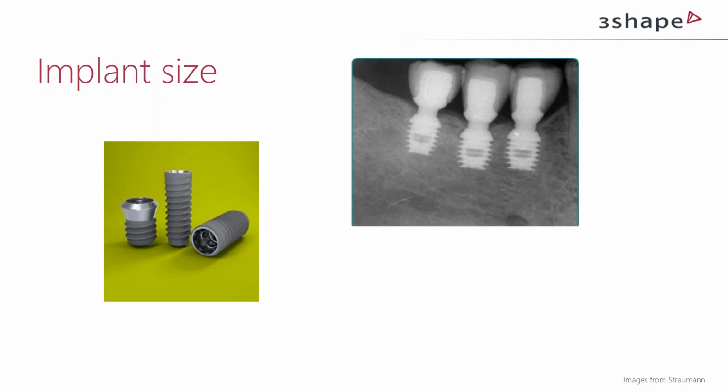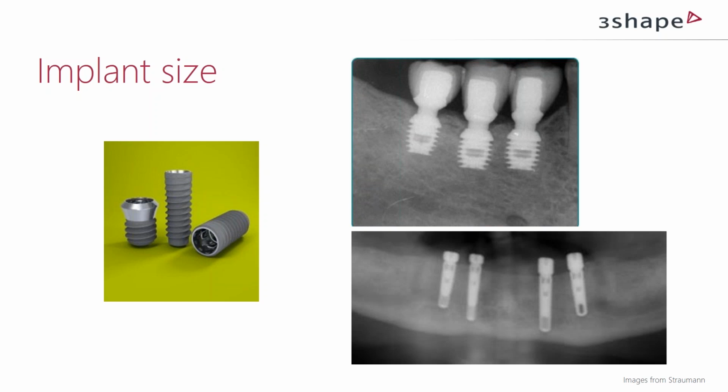So two different schools here, and you have to ask your referral or your surgeon which implant system he actually prefers. We have the long implants, and as you can see, in the beginning of the implant history, we tried to place them bicortical.